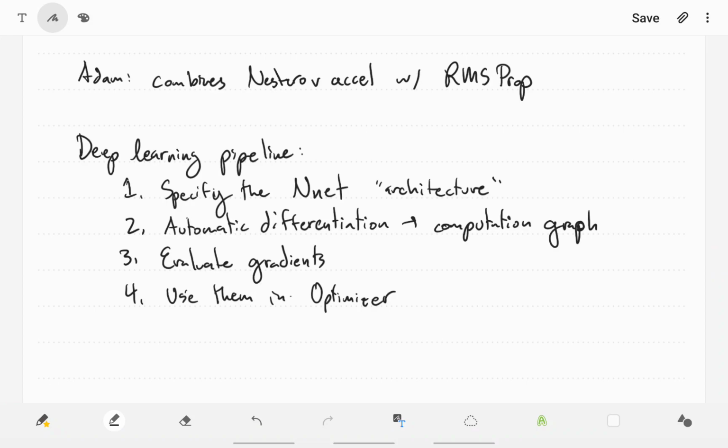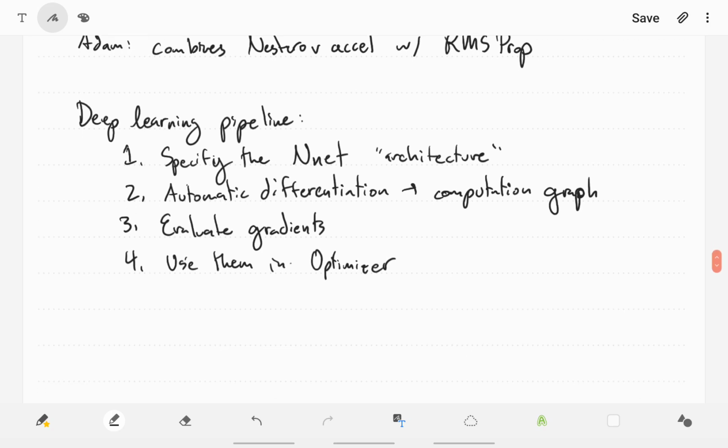Now, one thing I'd like to mention also that made the deep learning revolution possible is that a lot of these operations are very large tensor operations. And tensor operations are ideally suited for GPUs, for graphical processing units, which makes them run much faster than they would on CPUs.